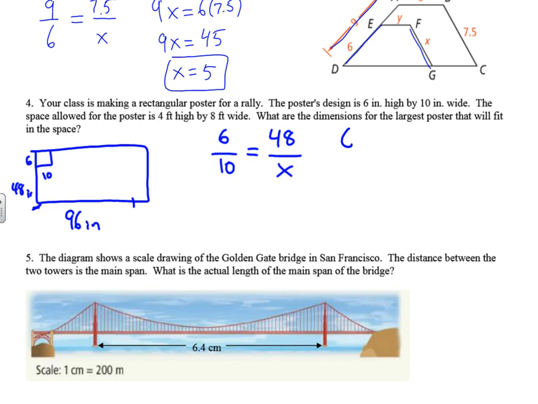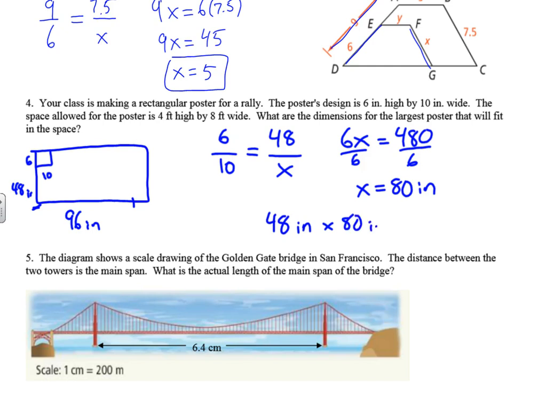And some of you probably already know the answer. 6x equals 480, and when we divide by 6, 480 divided by 6 is going to be 80. And some of you might have known that. So 80 inches. So the largest dimension for the poster would be 48 inches by 80 inches.